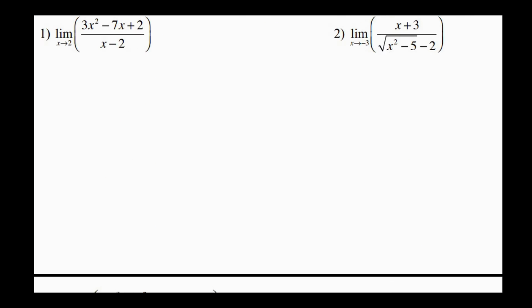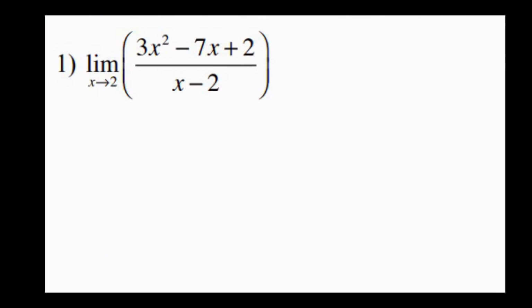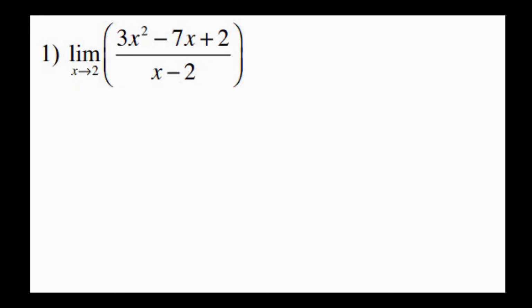Okay. So let's look at number 1. Anytime you're evaluating a limit, first thing you should always do is plug it in. You can do that part in your head, or you can write it down.